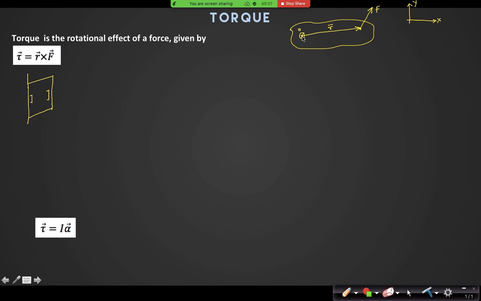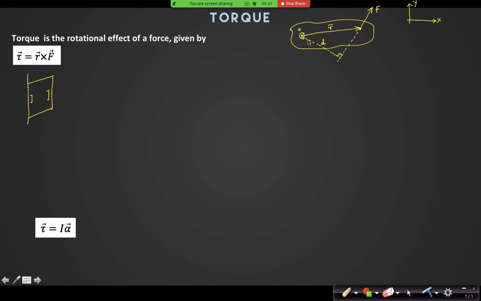Now, one thing you should always understand: if I drop a perpendicular from the point O to the line of action of this force, that is, if you straightly elongate this line of the force F, it is called the line of action of the force F. This distance d is known as the arm of the force.